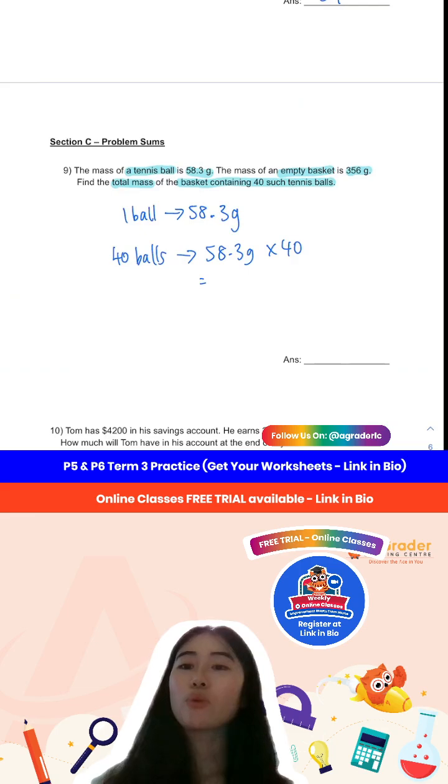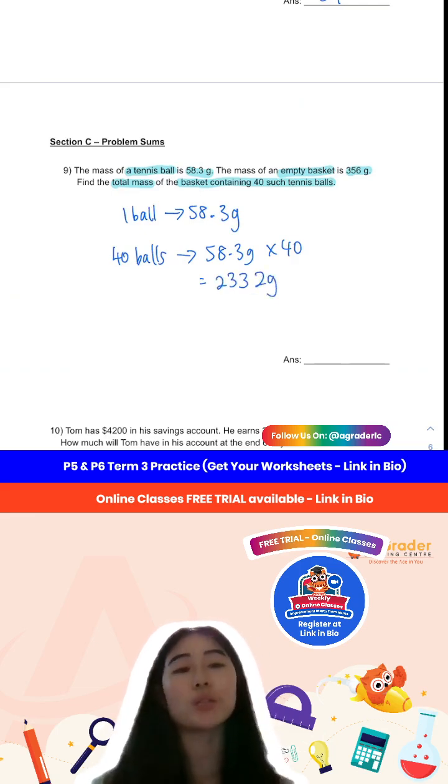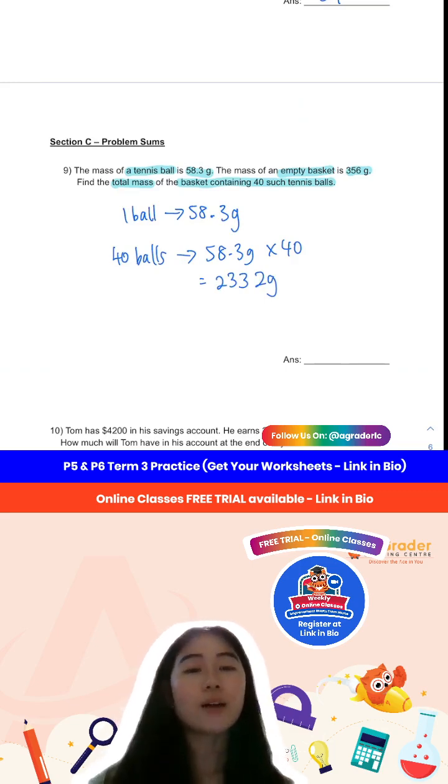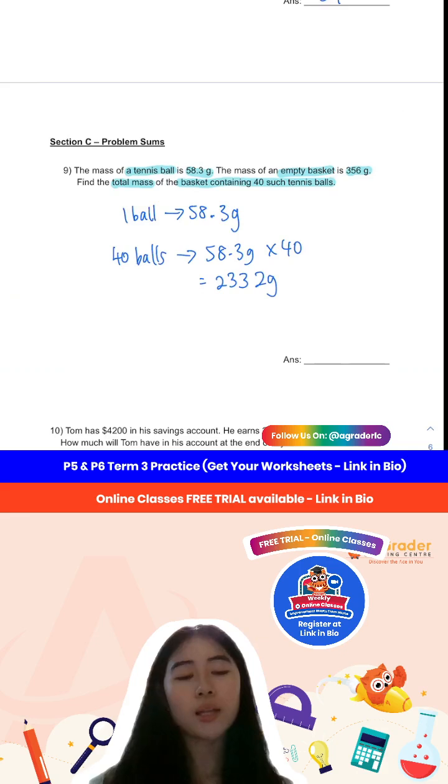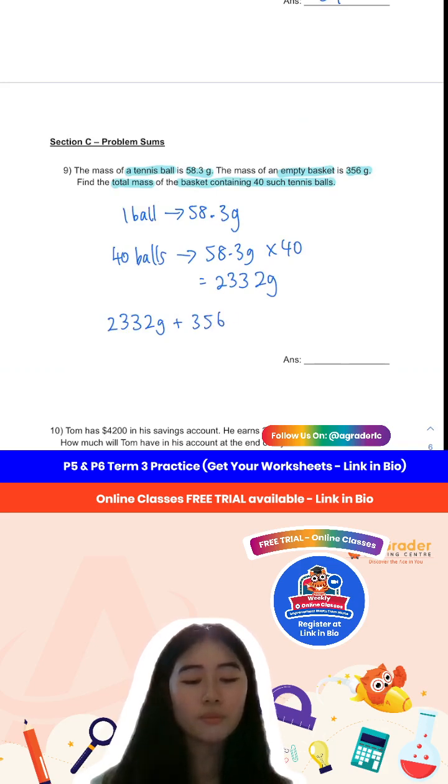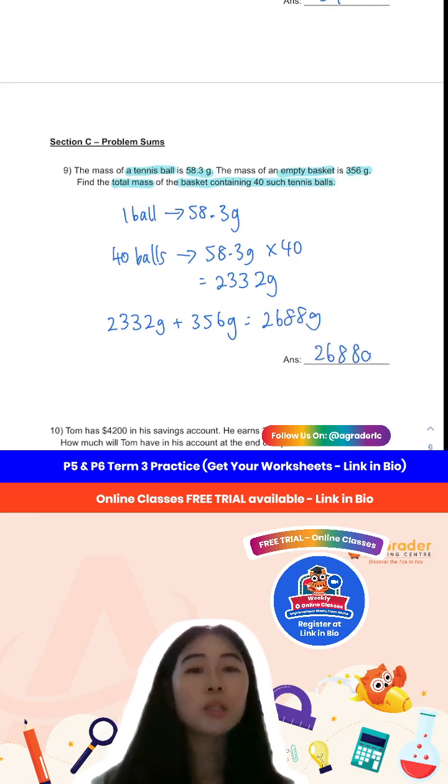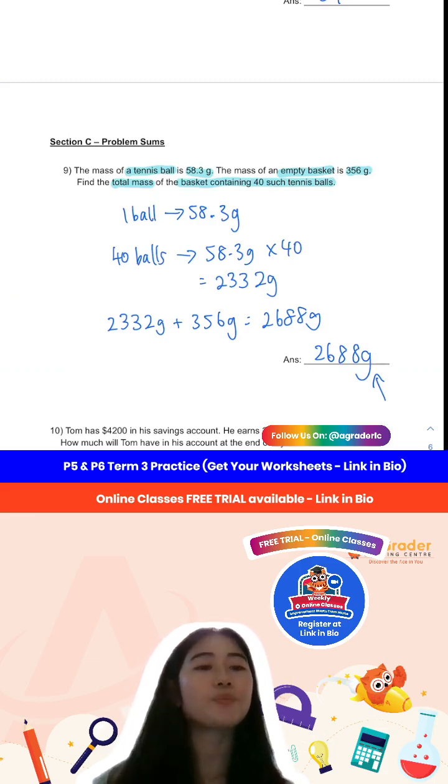So once you times 40, that should be 2,332 grams just for the 40 balls. After that, you do need to add the mass of the basket. Okay, so just add it together, and then you get the final answer, 2688. That's your final answer. Remember to put grams, okay? So there's units for this question.